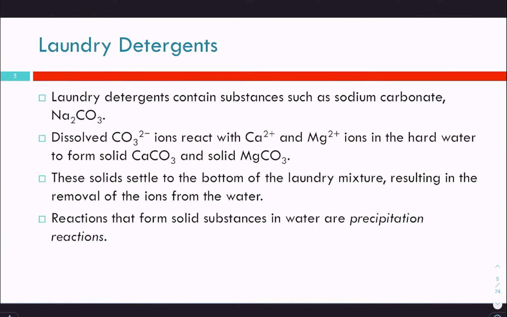So you can have these solids settle to the bottom of the laundry mixture, and you don't get that gray scuzz. So this is an example of a precipitation reaction, where you have two liquids that mix together and you get a solid that forms.